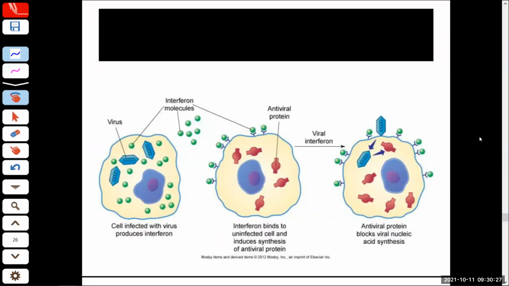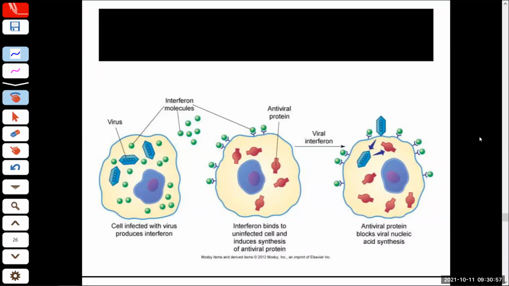So again, how a virus works is the virus, this blue one here, invades the cell, it hijacks the cell, it steals everything, resources, the systems, and it replicates in here. After everything's been used up, that cell explodes, sending copies of this virus elsewhere to invade other cells. This cell knows it's infected with the virus, it's going to die, so it releases interferon.